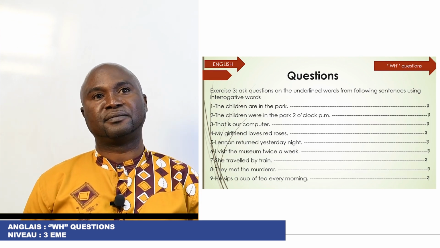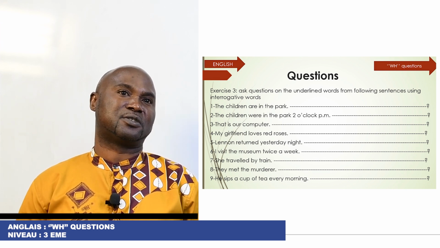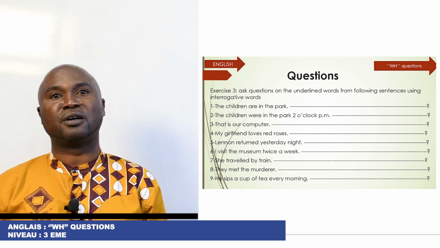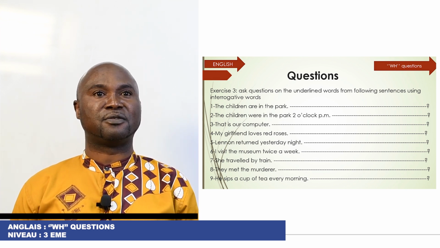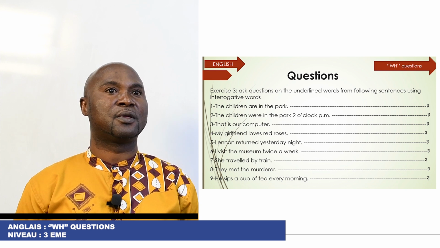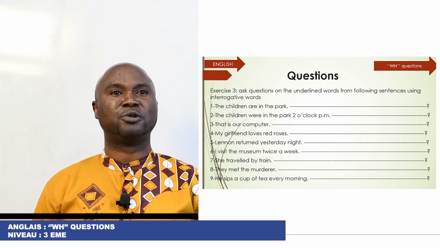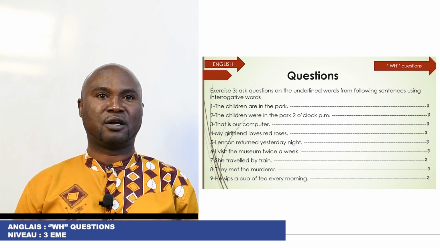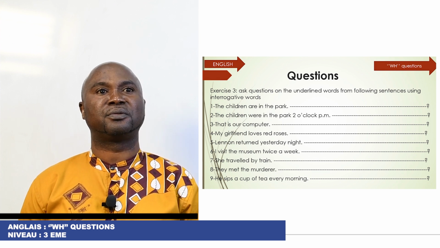Exercise 3. Here we have some questions. Ask questions on the underlined words from the following sentences using interrogative words. The children are in the park. The children were in the park at 2:00 p.m. That is our computer.